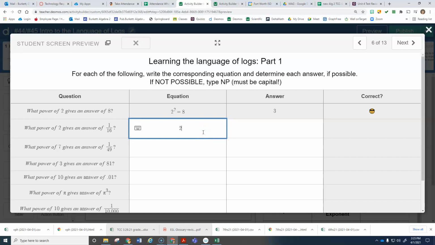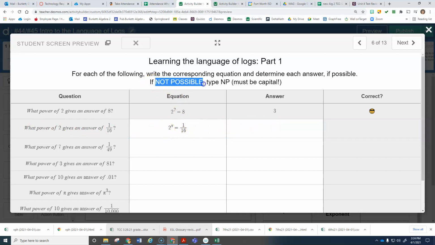So on this one, when it says what power of 2, that means that my 2 has an unknown power, so you can put the question mark there, or you can put the x value. You put the equal sign and then whatever number they give you, 1/16. Okay, so that's taking this question and writing it as an equation. And then over here, we're going to put what we think the answer is.